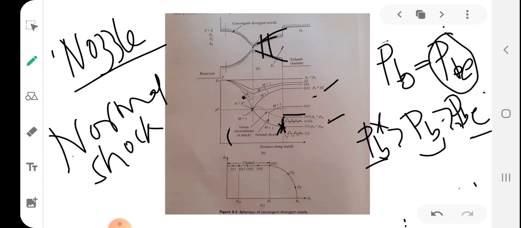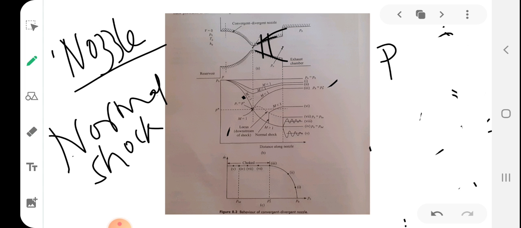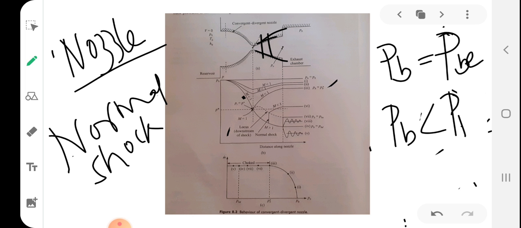Now one more case, the eighth case. So if you reduce PB such that PB becomes equal to PBE, and even if you reduce PB further, the flow will be supersonic up to the exit plane.